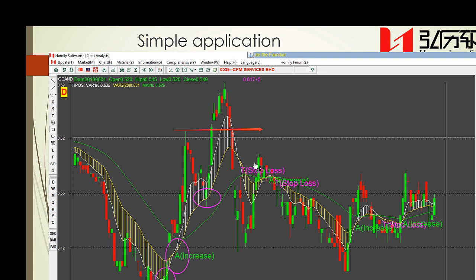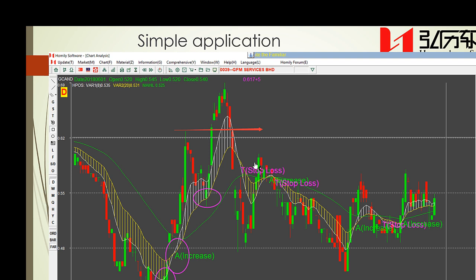So we can calculate how much it will drop, because it is from here to here, right? And then here the price drops to the yellow line and gets support. It moves up again. This is the third buy point.